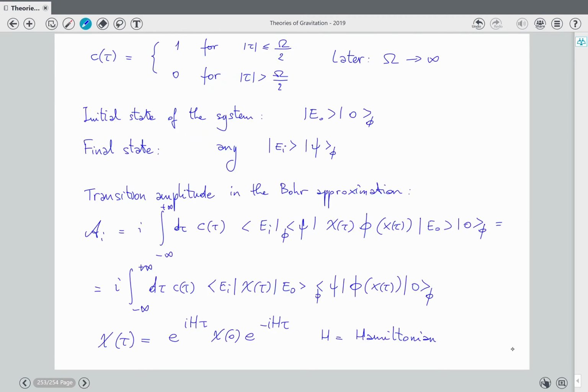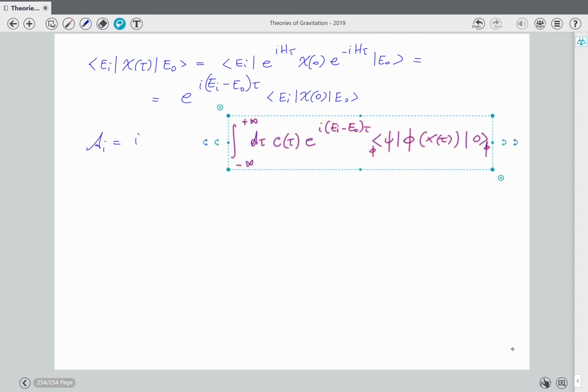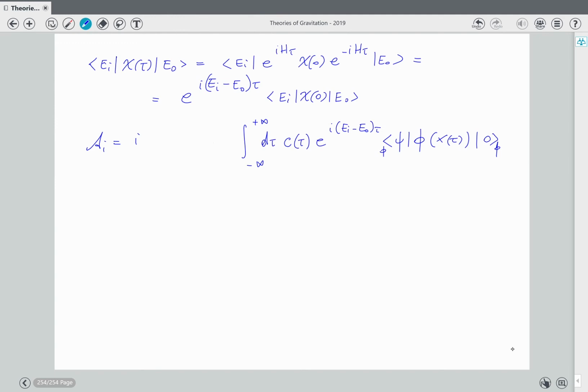And then another dependence on tau comes from the other sector of the system, which will be computed in a moment. And there is a factor independent of tau that we can take out of the integral because it is not important anymore.